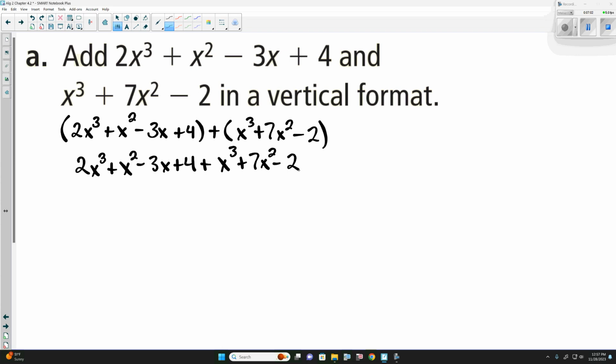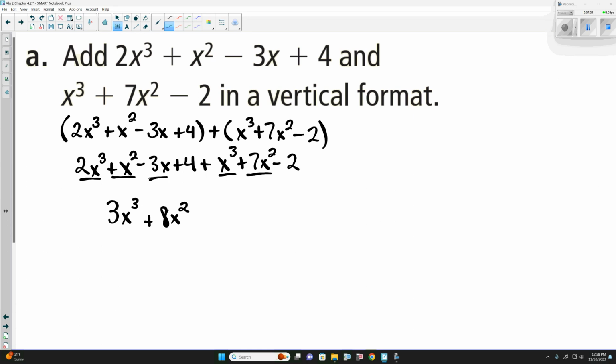Now, at this point here, we can combine like terms. Well, our first set of like terms are 2x cubed plus x cubed. 2x cubed plus x cubed is 3x cubed. x squared plus 7x squared is plus 8x squared.